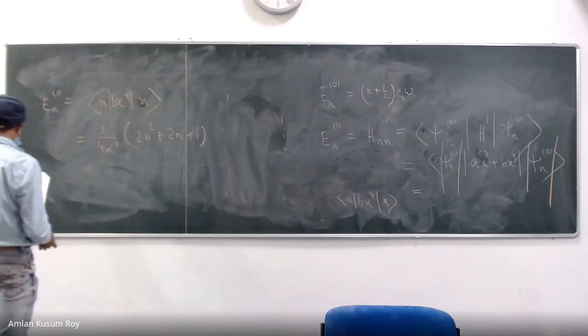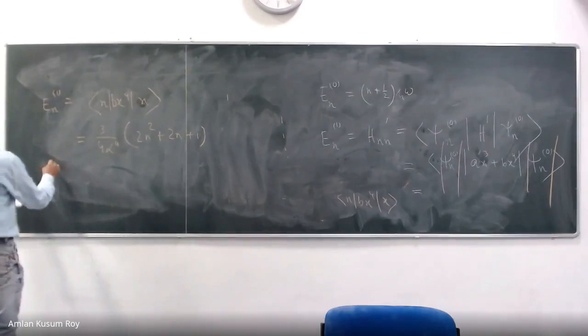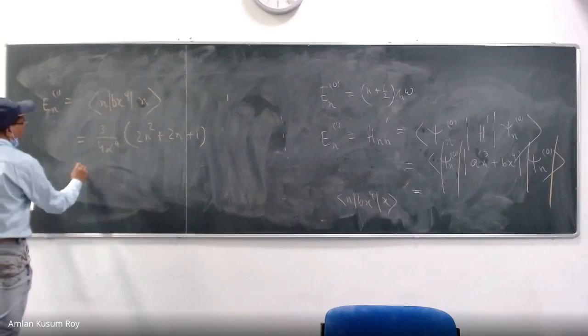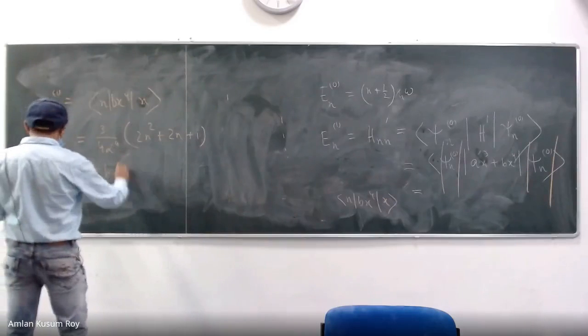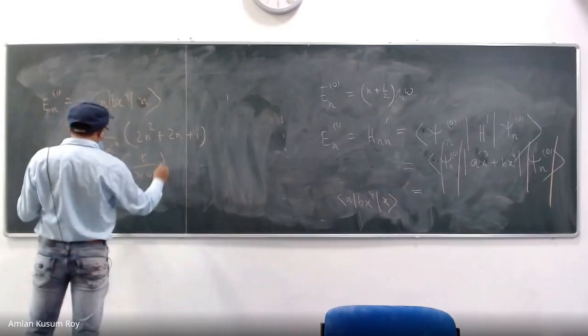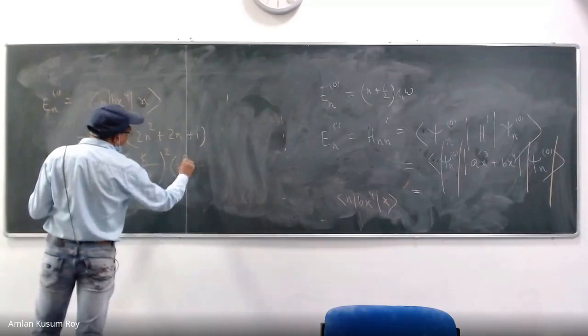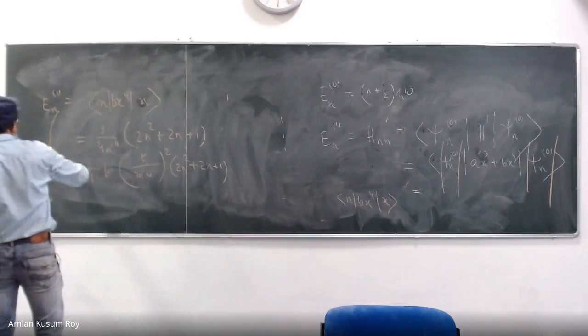So this is x to the power 4 nn. So 3 by 4, now En1, if you put it 3 by 4, there are some constants, you can put h cross over m omega square. So that is what you finally get.